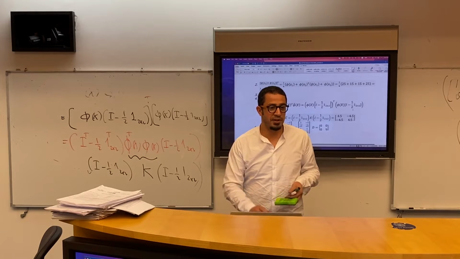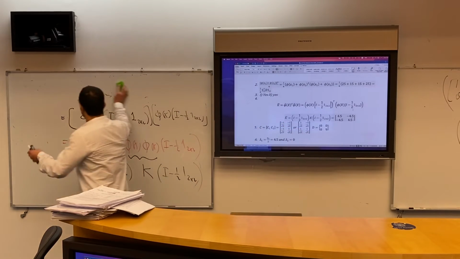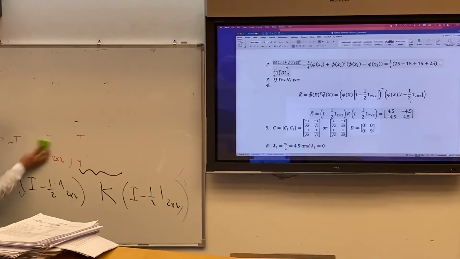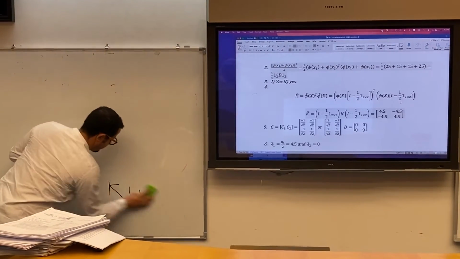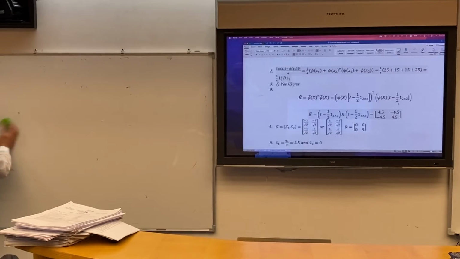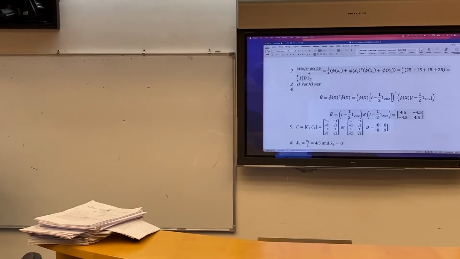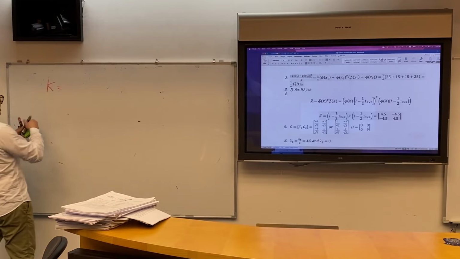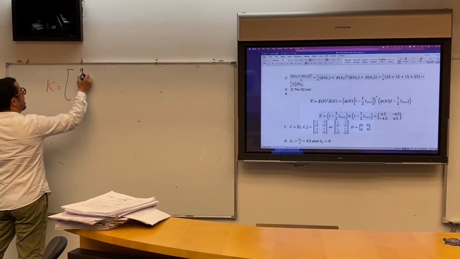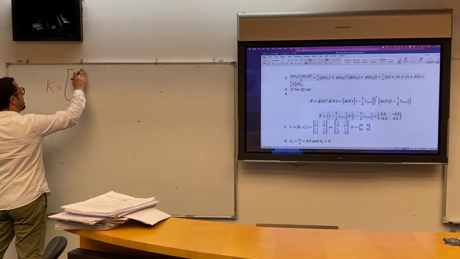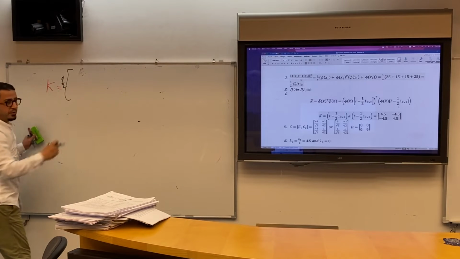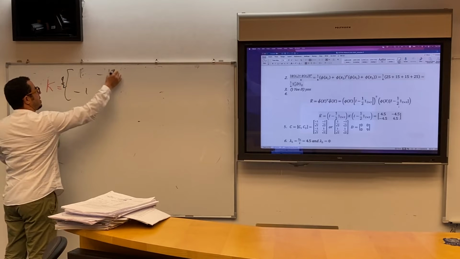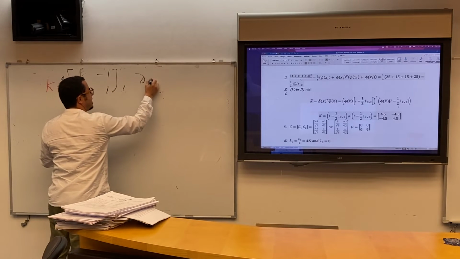So we have K is 9 over 2, 1 minus 1, minus 1, 1. Which will be lambda here?